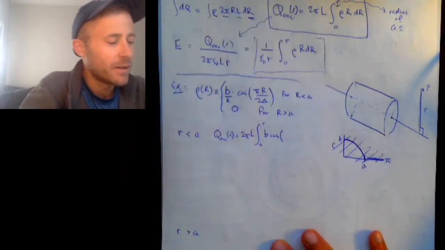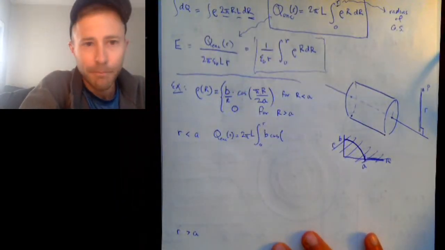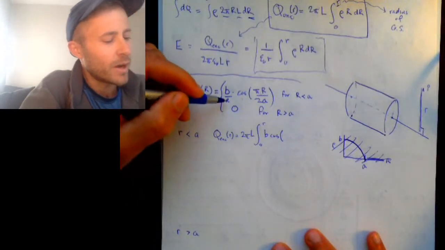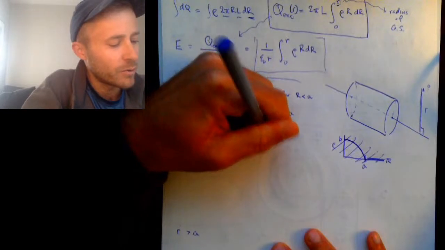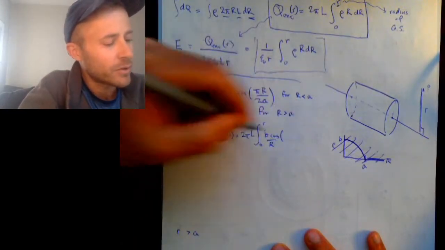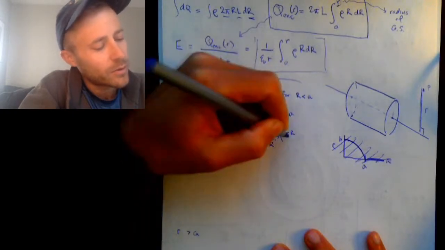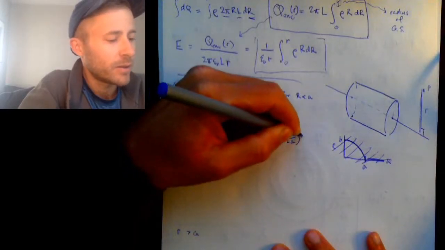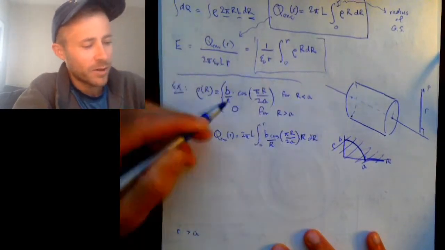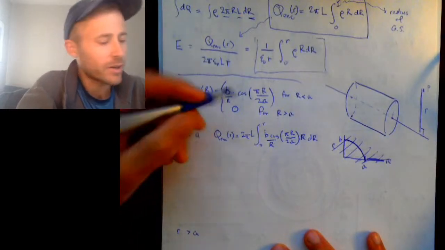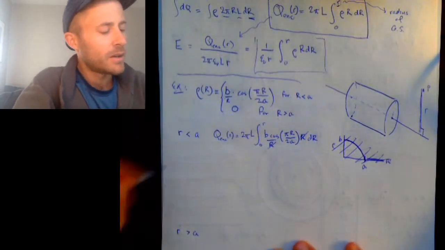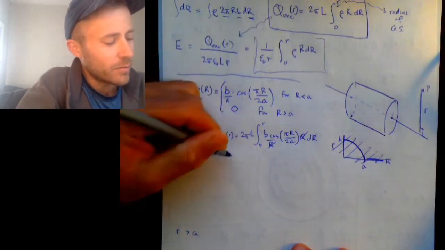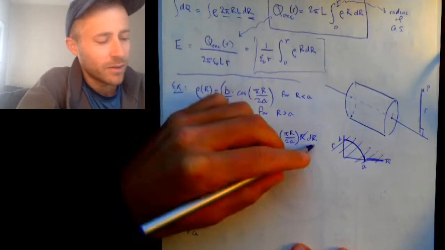Forget that, and you will see why in a second. The reason why is because this is 1 over R times cosine of pi R over 2a times r dr. That's why I wanted the 1 over r there, because that 1 over r cancels out this one. And I can then factor out b as well, because b is not the integration variable.